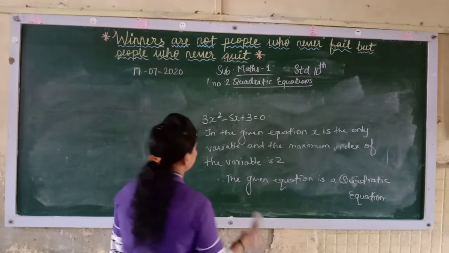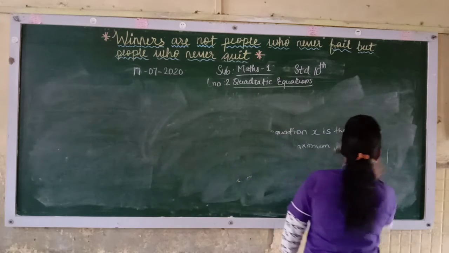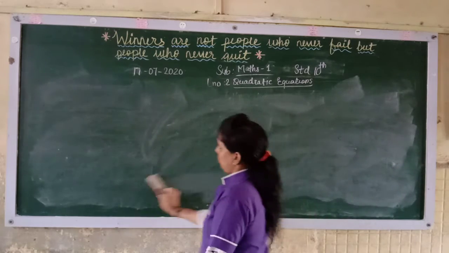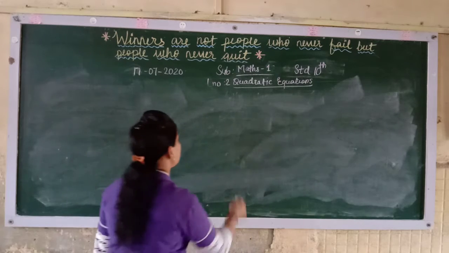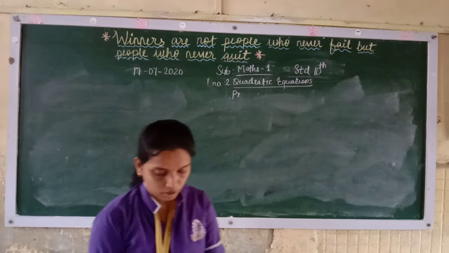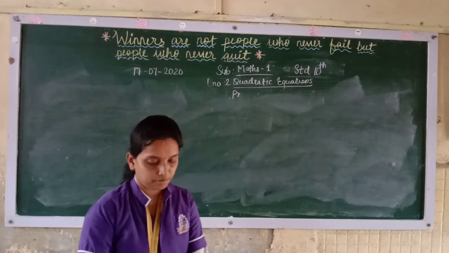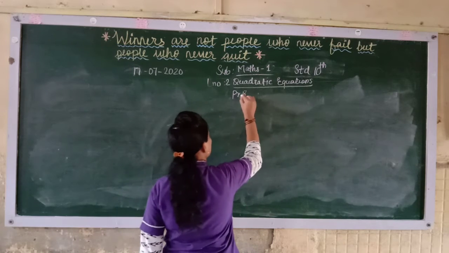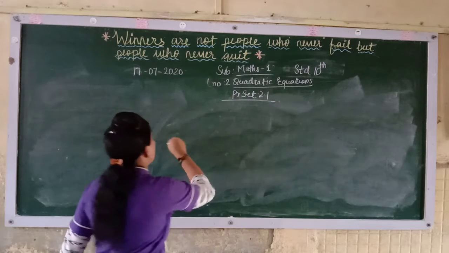So now we will start with the practice set over here. If you see, for practice set, it is 2.1. See your first question.